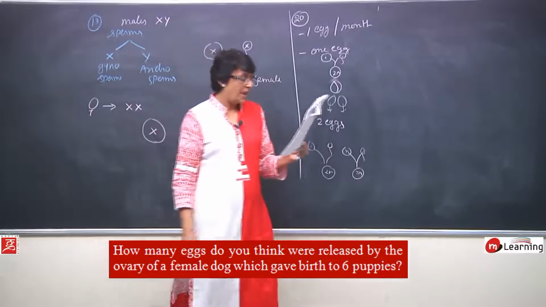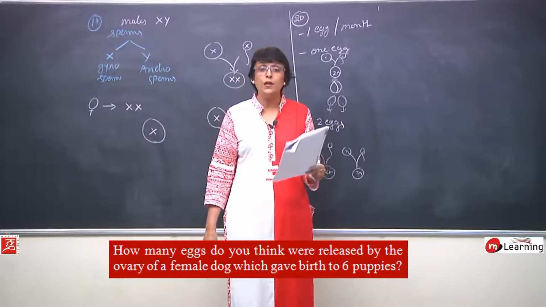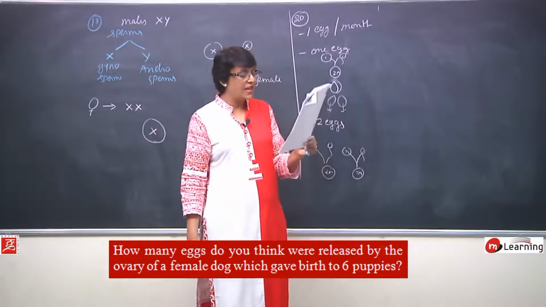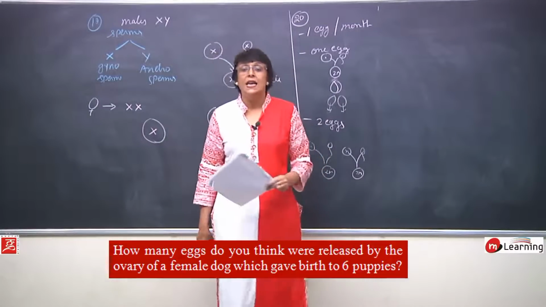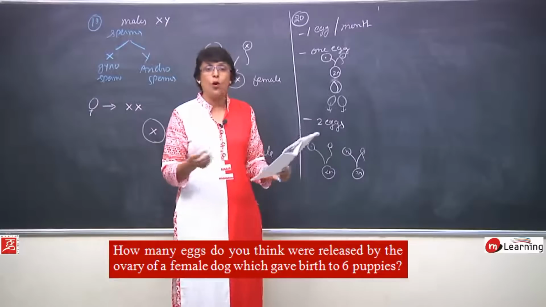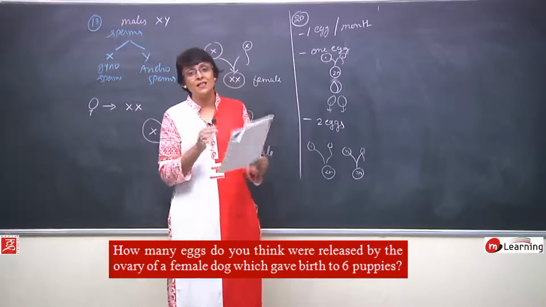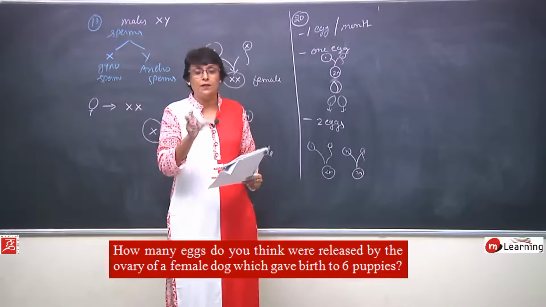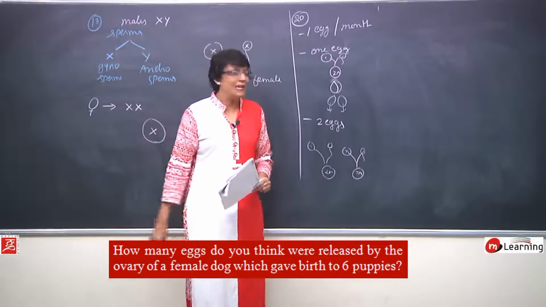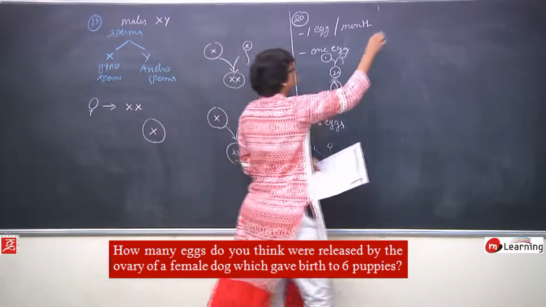Last question. How many eggs do you think were released by the ovary of a female dog which gave birth to 6 puppies? In these mammals, normally like dogs and cats, they produce a litter. Litter means a number of offsprings in one gestation period, and the uterus of these animals is a long uterus.